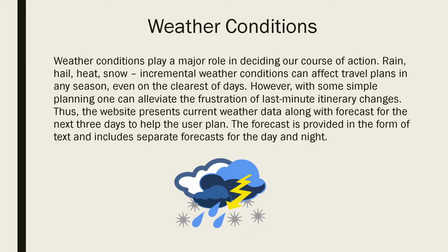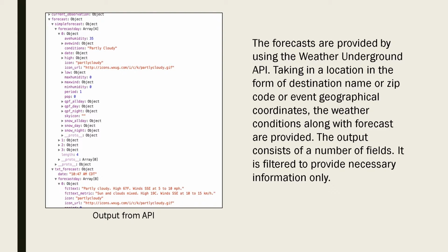For this aspect, we have used Weather Underground. The weather forecasts are provided for 4 days, and the weather conditions are provided for a single day. Using these, a user can plan ahead what they want to do at that particular location.